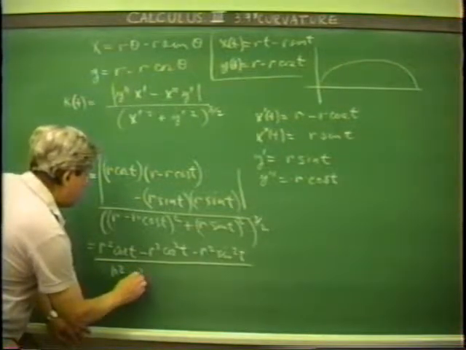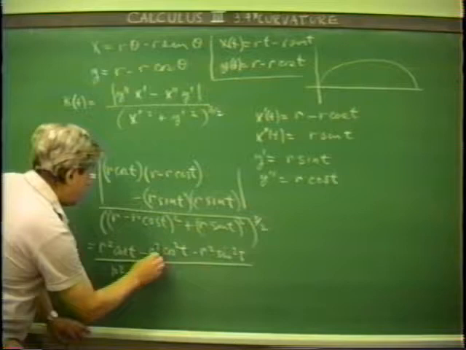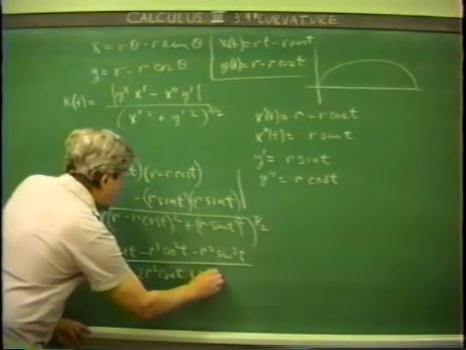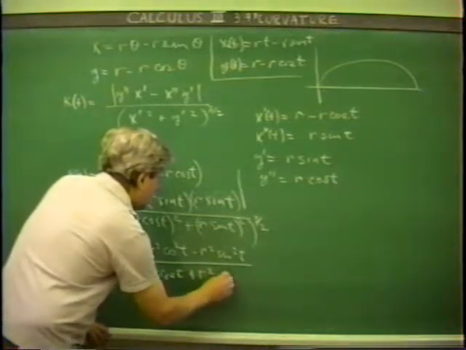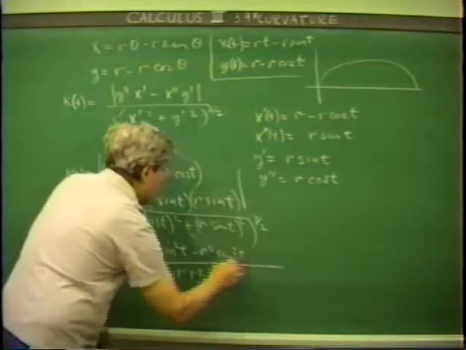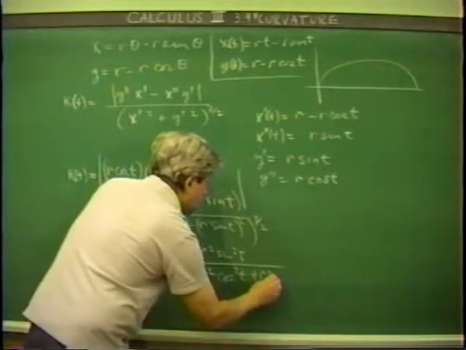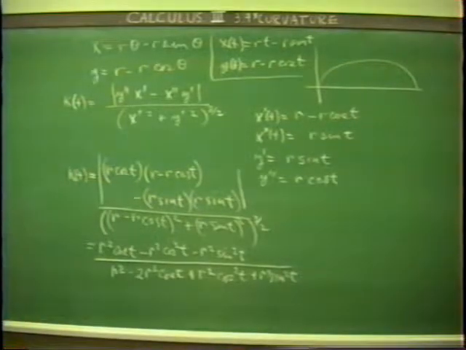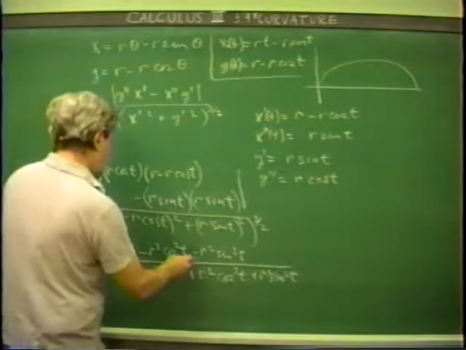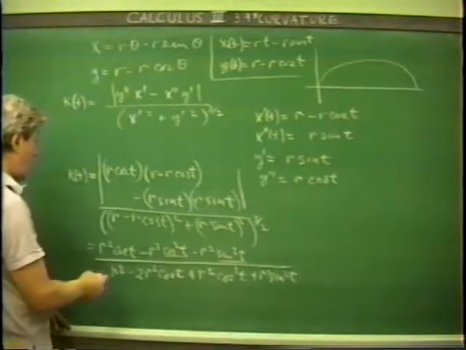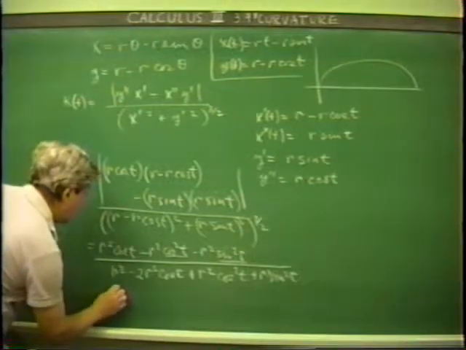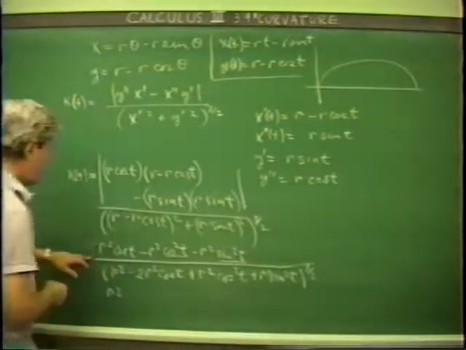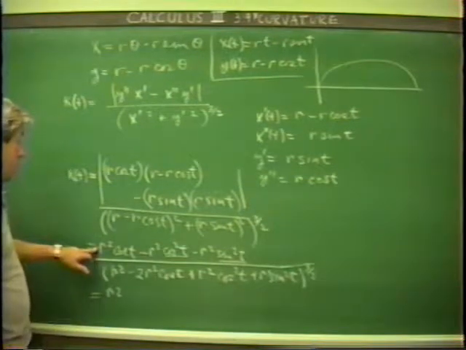In the denominator here I've got r squared minus 2r squared cosine t plus r squared cosine squared t plus r squared sine squared t. This is cosine squared plus sine squared, so that's 1. So I get r squared. Now this needs to be to the 3/2 power.